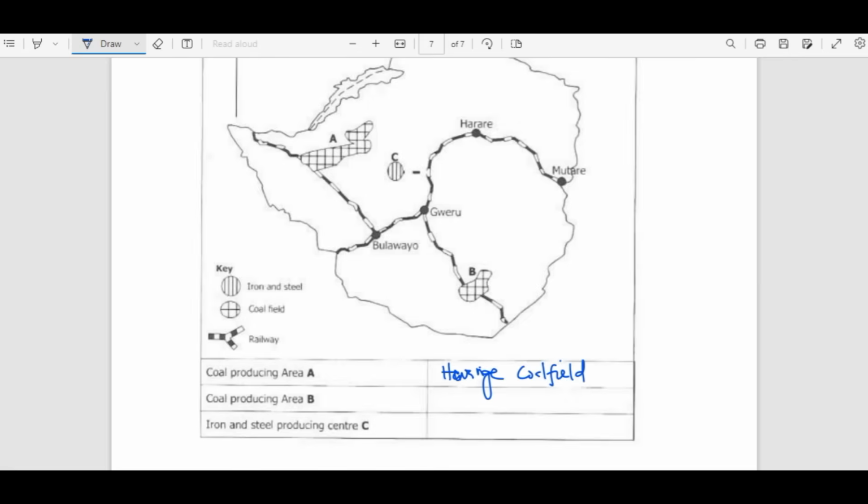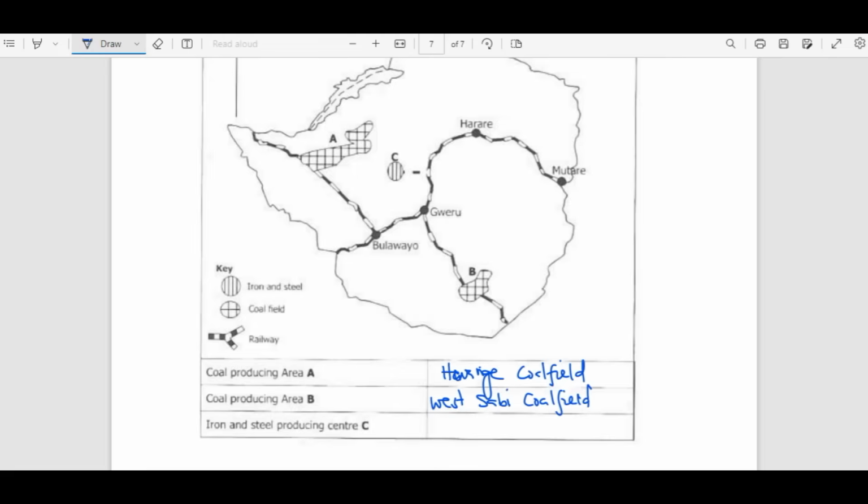And then the other one, area B, is West Sabi coalfield.